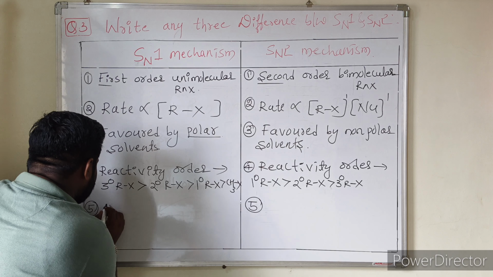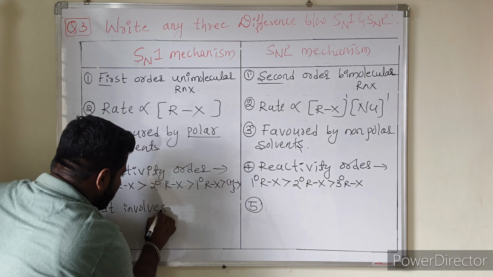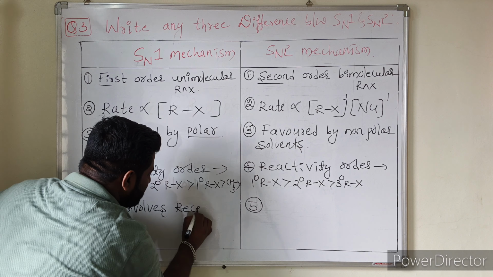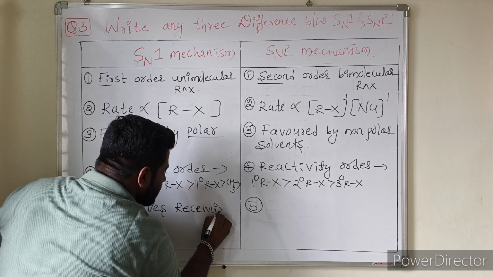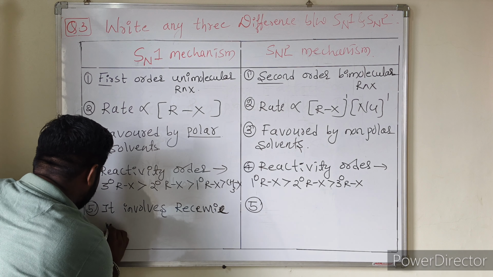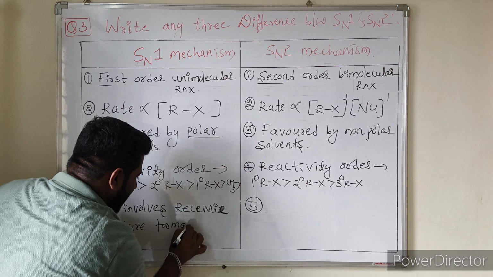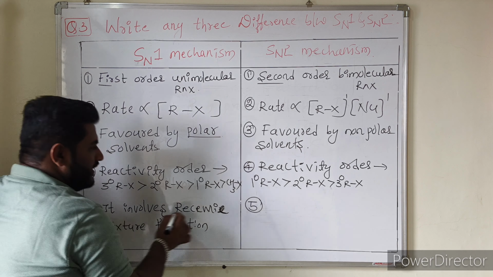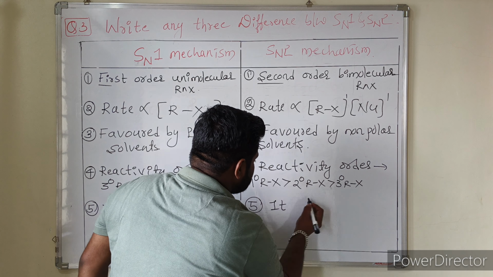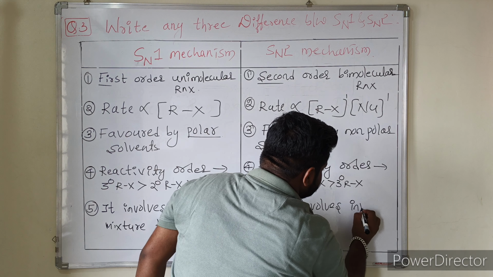And SN1 involves racemic mixture formation. I told you during the mechanism itself. SN2 involves inversion of configuration.